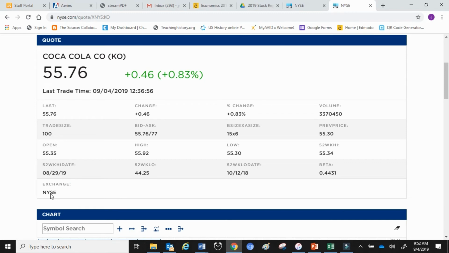That means that Coca-Cola is on the New York Stock Exchange. And if it says NYSE, your stock is good. It also might say NASD right here. That stands for NASDAQ. If it says NASD, that is also perfect. If it says anything else there, it's not okay. Cool? And we're talking about this box right here where it says exchange.